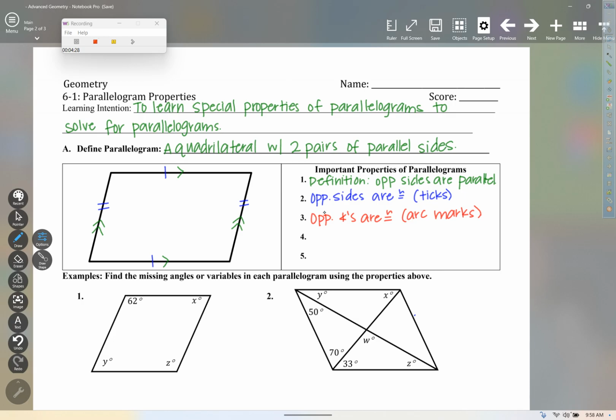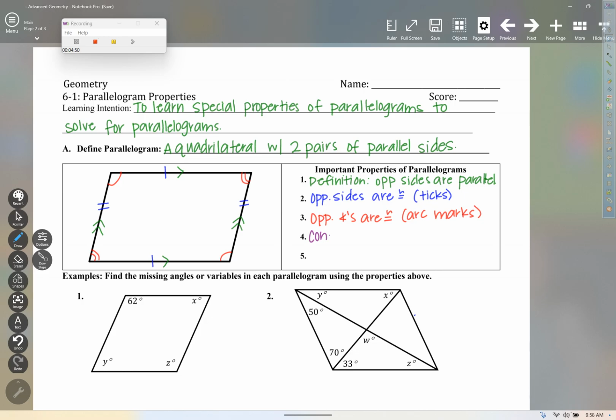The fourth thing is that consecutive angles equal 180 degrees. Consecutive means beside, or next to. Same thing as adjacent, but we use consecutive quite often in this chapter, so make sure you're familiar with consecutive, next to.